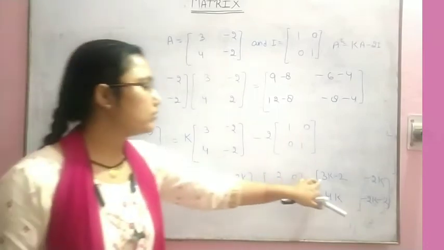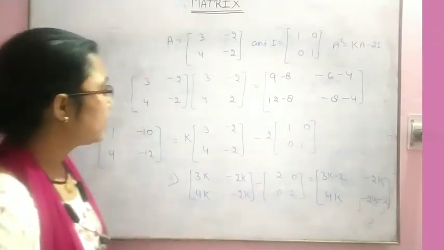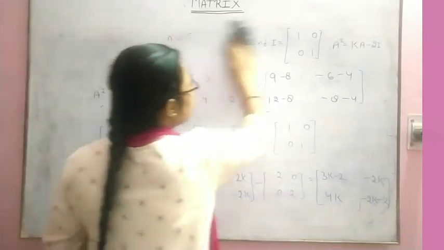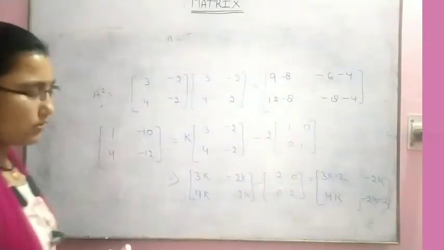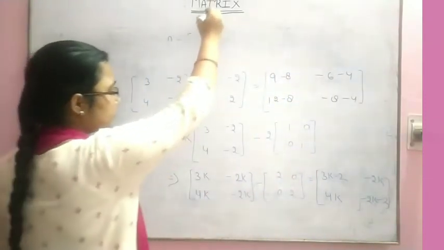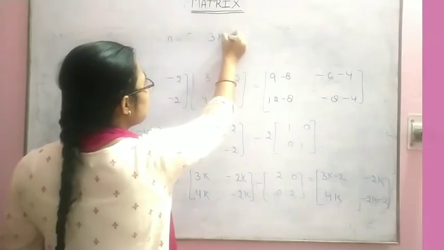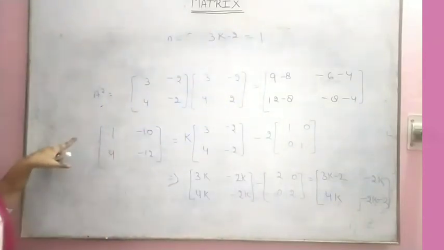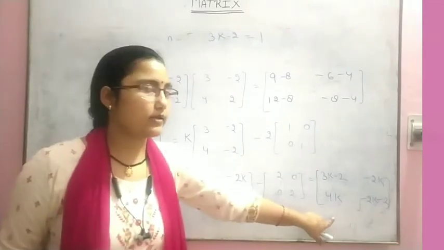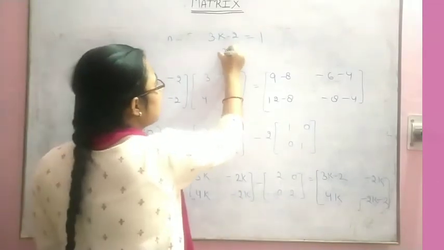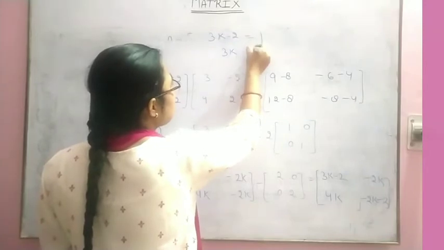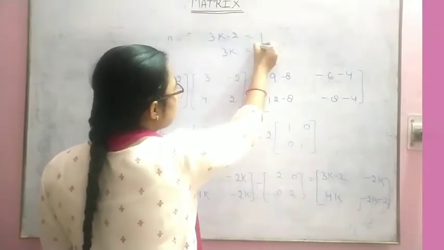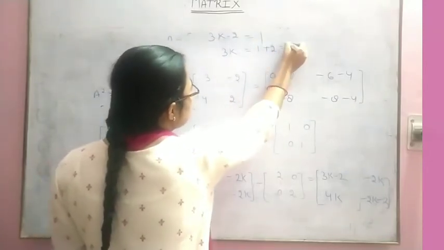Now compare right hand side and left hand side. 1 is equal to 3K minus 2. 3K minus 2 equals to 1. This is your left hand side and this one is right hand side. If we solve this by shifting minus 2 to the right hand side, we get 1 plus 2, that means 3.